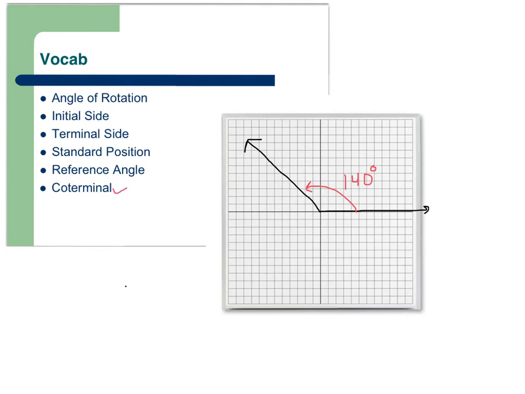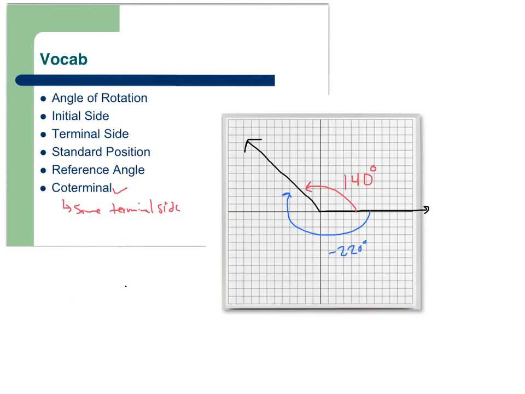A coterminal angle is an angle that has the same terminal side. This is an angle that's coterminal, and I find it by subtracting 360 from 140, which gives negative 220 degrees.